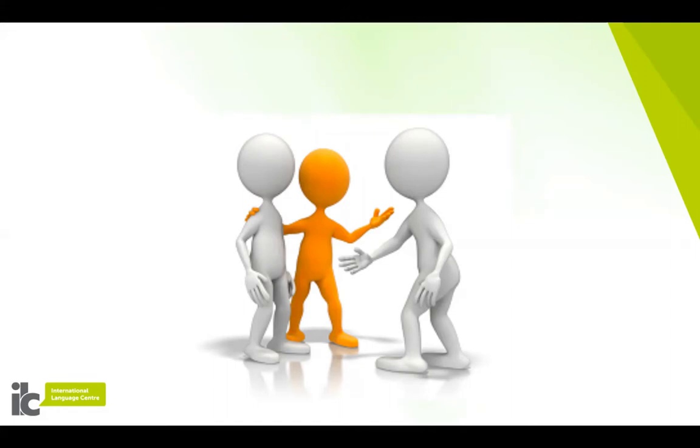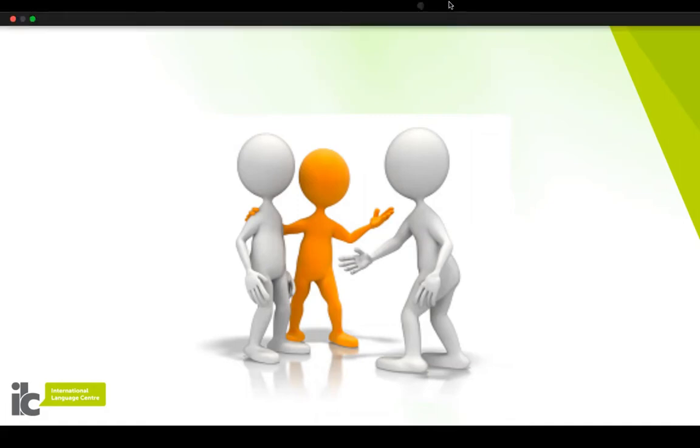We also introduce our friends to others, like, hi, this is my friend Leah. She's 12 years old, and so on. So in this case, they need to introduce their partner to others, and you can ask them to find some facts in common, if they have something in common or not.